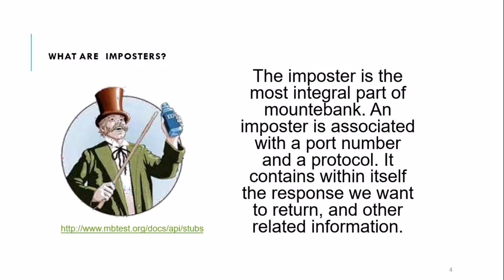So all in all, Mountebank allows you to create imposters, and those imposters contain server information, and that server information contains connection type, that is protocol. As I said, Mountebank supports four protocols, that is HTTP, HTTPS, TCP and SMTP, then port numbers, predicate and response. I will come to predicates and response in later topics.